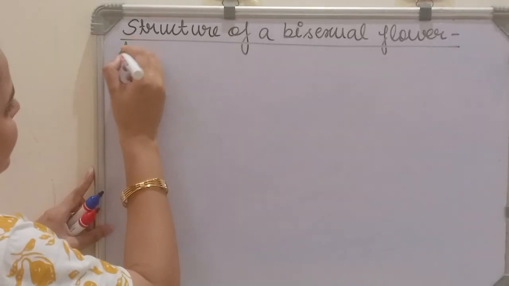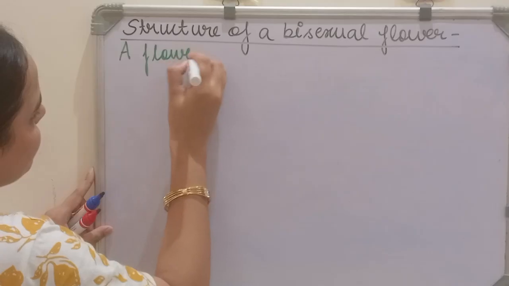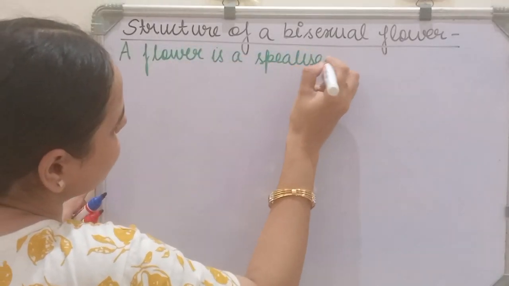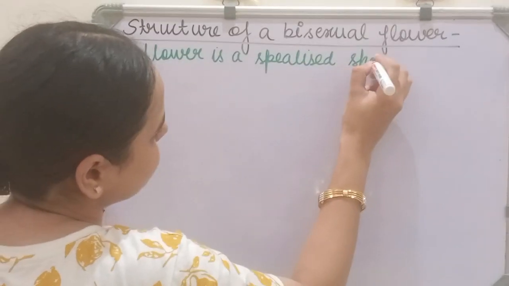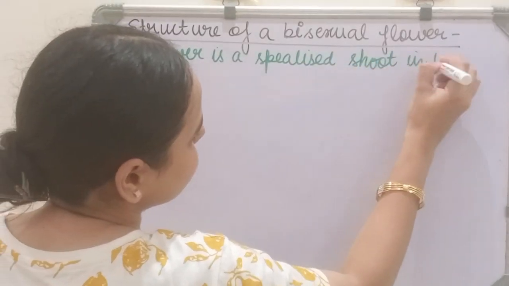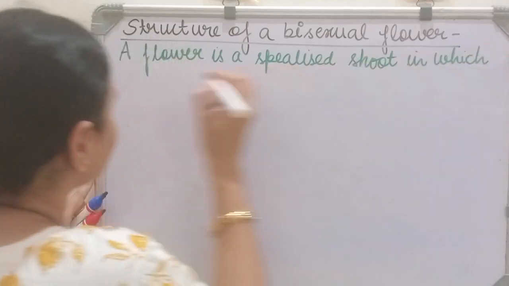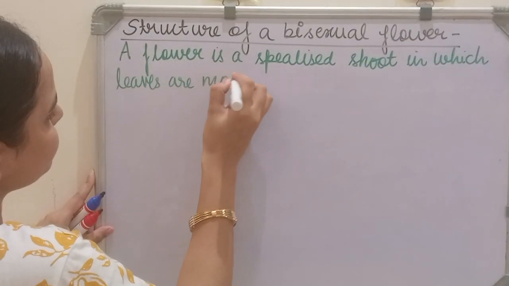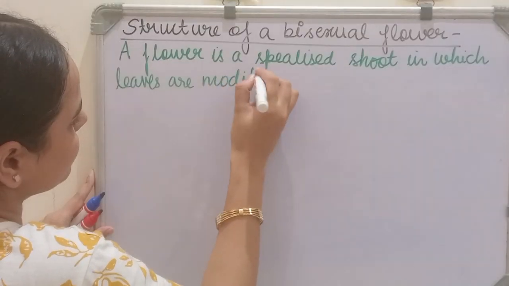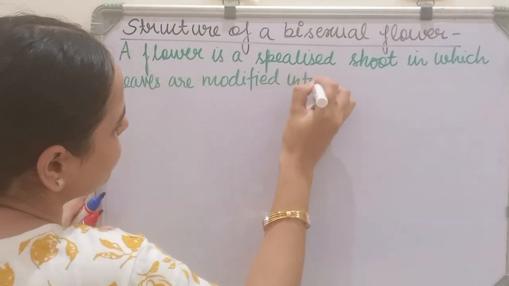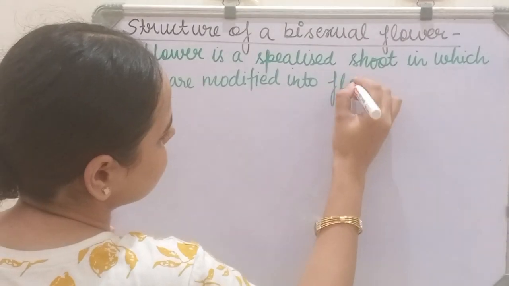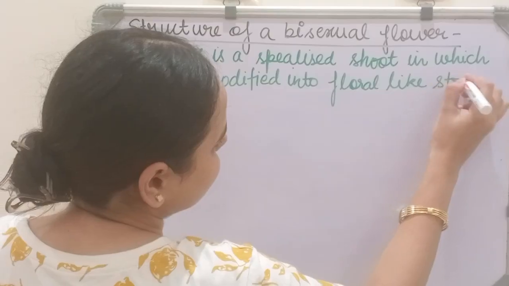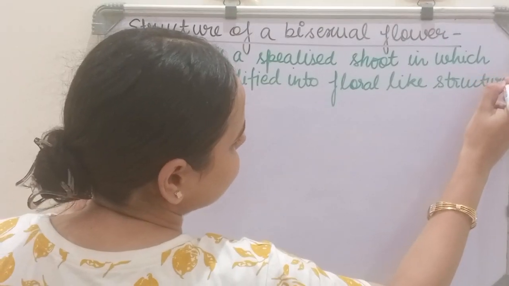So a flower is a specialized shoot in which leaves are modified into floral like structures. Okay, let's first understand this.